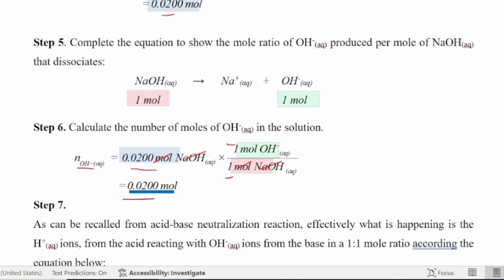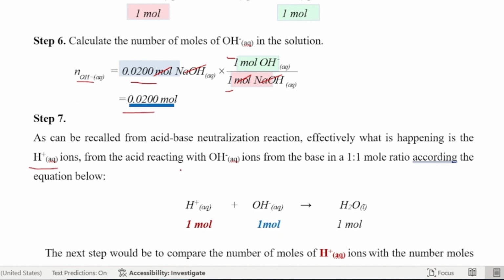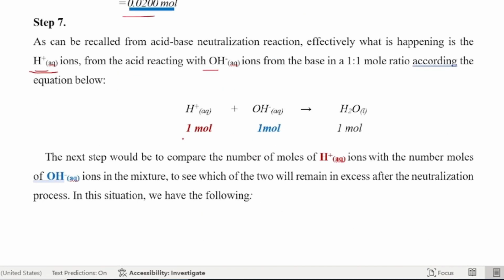What happens when we mix hydrogen ions with hydroxyl ions? A neutralization reaction happens. Every H will be neutralized by 1 OH. So 1 mole of hydrogen ions will be neutralized by 1 mole of OH ions to form a mole of water.